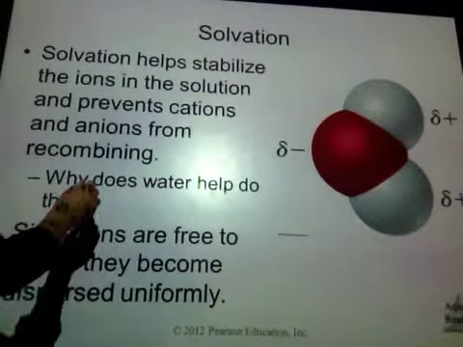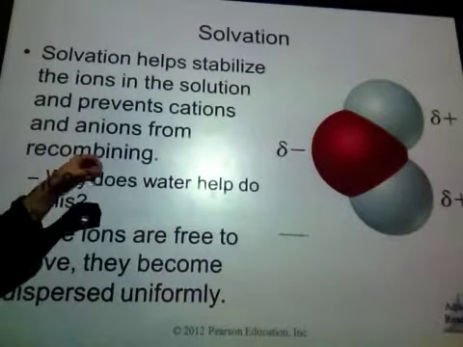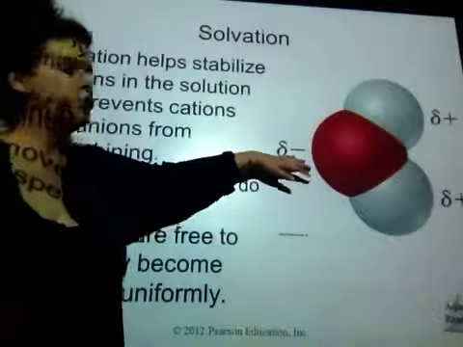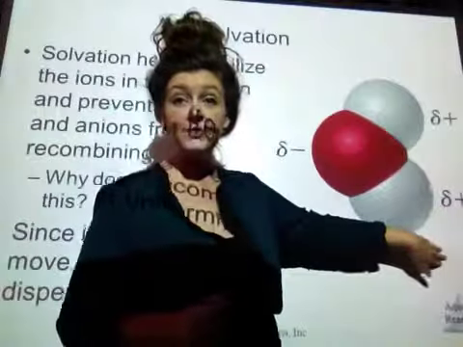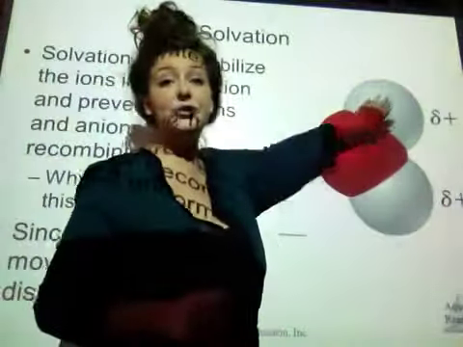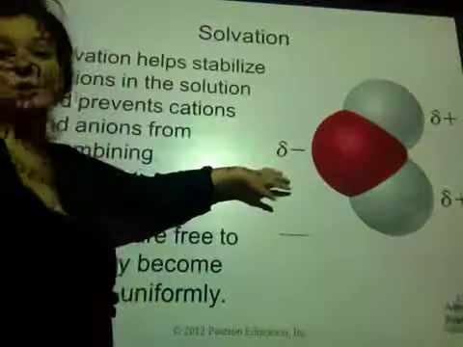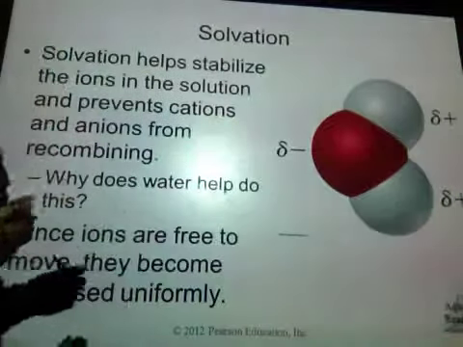And again, why does water help do this? Water helps to do this because of partial negative and partial positive charges. So I have my oxygen and my hydrogens. Hydrogen would be the partial positive and my oxygen would be the partial negative charge.